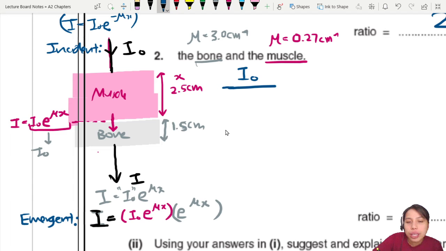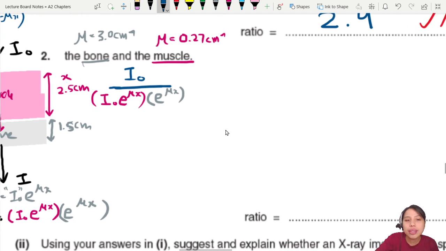So we can write the whole thing down. How am I going to write this without color coding? Okay, I'm going to follow the color coding. I naught e to the mu x, where this mu is for bone and x is for bone, times the one in grey, which is just mu x for bone. Alrighty, let's do the math.